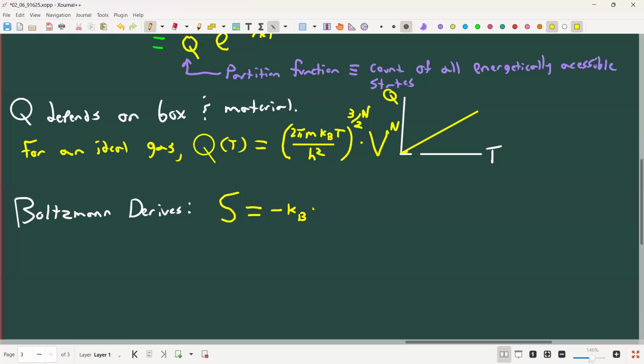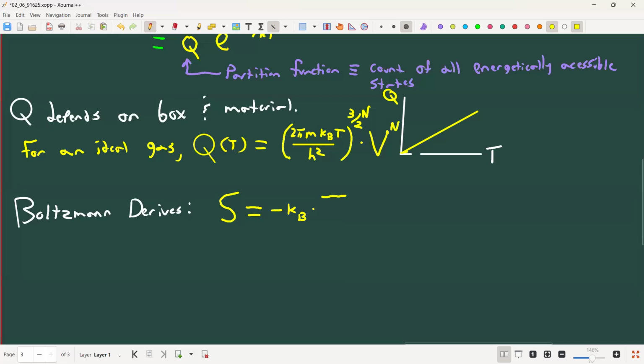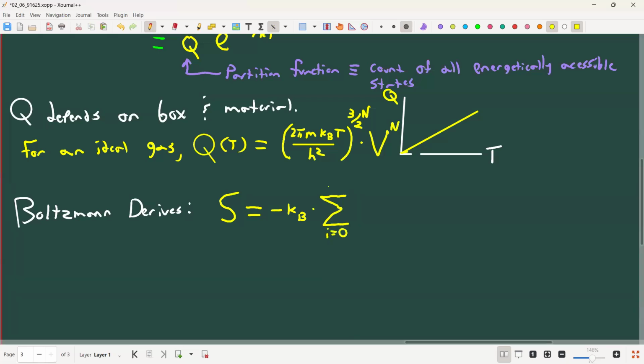And then he's going to sum over all the states, or all the possible energies from 0 all the way up to infinity. So there's going to be a summation of all the possible energy states from i equals 0 to infinity. We're going to sum over all the possible arrangements. He's going to sum all the probabilities.